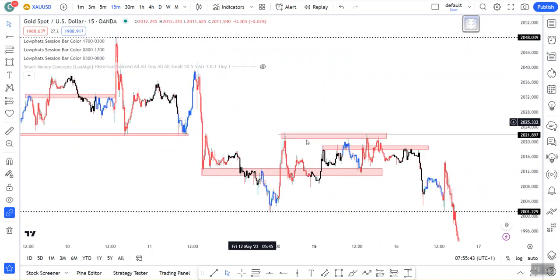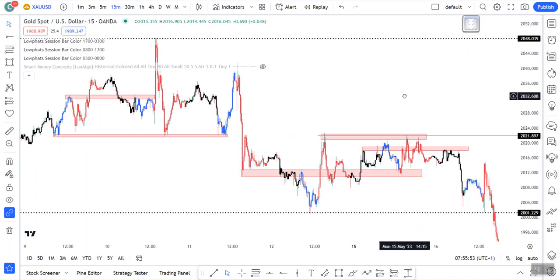This is a typical example. Day one, day two, push for Asia. Then, if you look at London, day one, day two, push down, and it rejects at those areas.